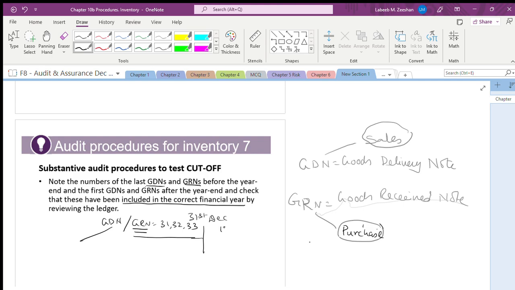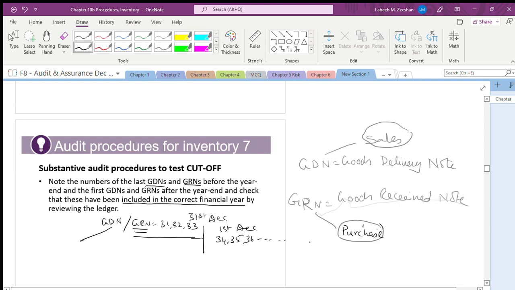From 1st January onwards, we have to be very clear on the date. On 1st January, when we have received goods, we have to make sure that the numbering will start from 34, 35, 36, like that.